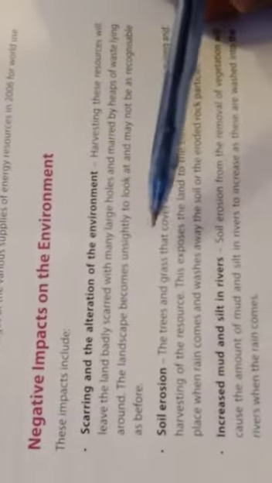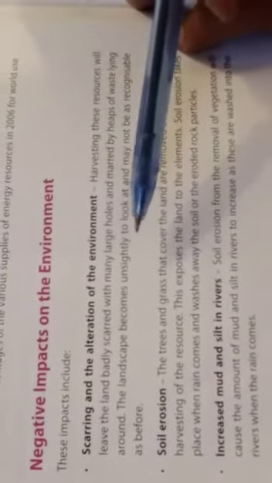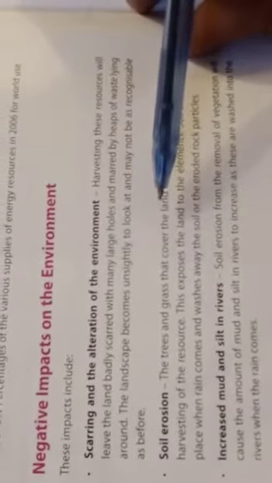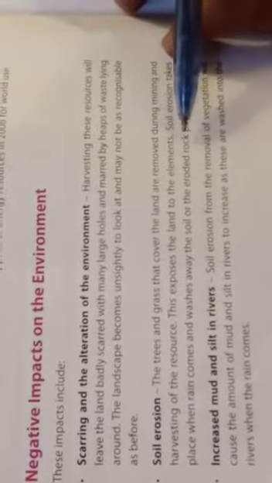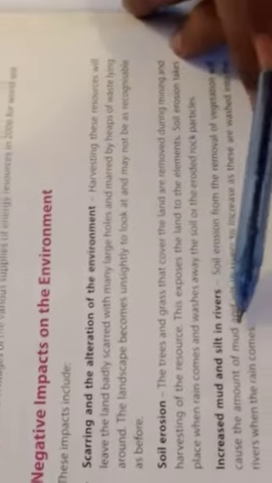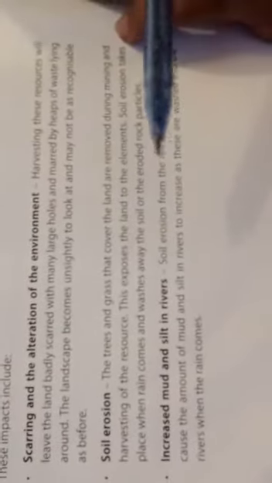The second one is soil erosion. During the mining process, the trees and grass need to be cut, and because of that, soil erosion takes place. And the third one is increased mud and silt in the river. Soil erosion produces a lot of mud that goes into the river and thus pollutes the water bodies.